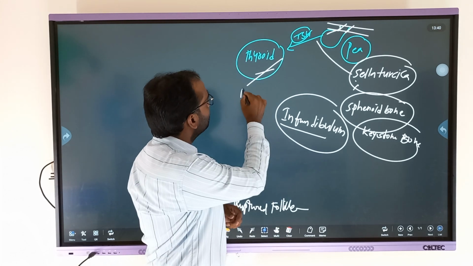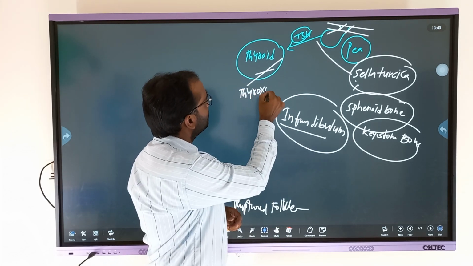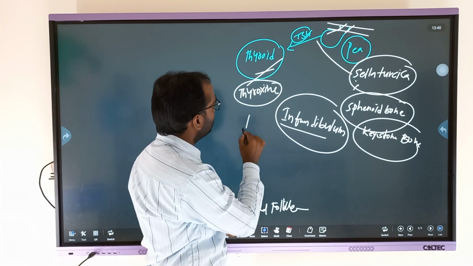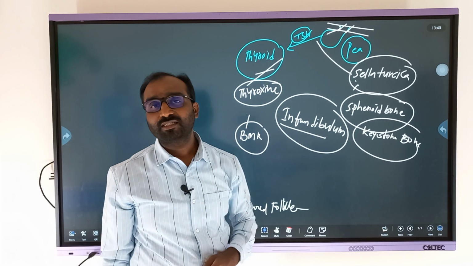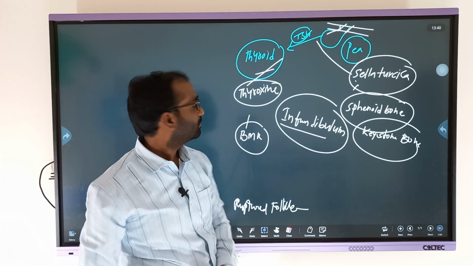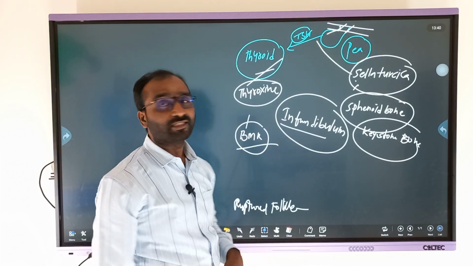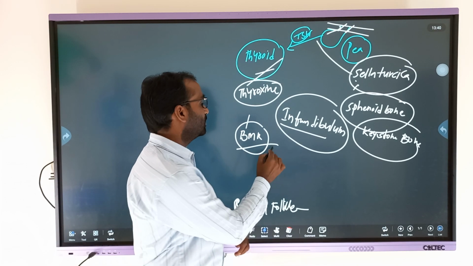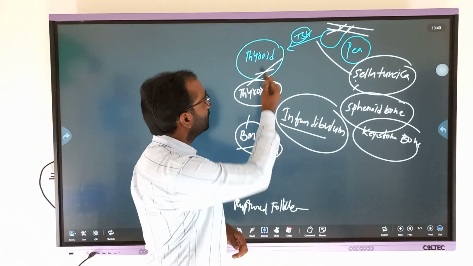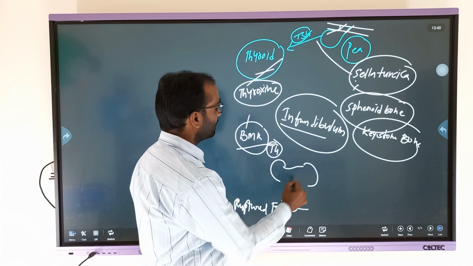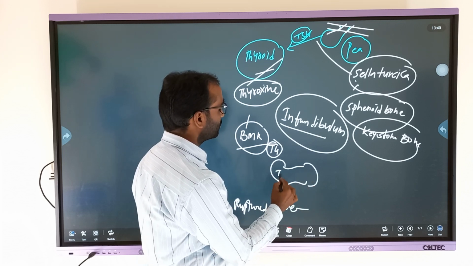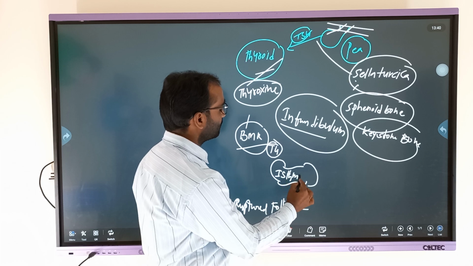So here this thyroid gland releases thyroxine. Thyroxine, as I told you, is responsible for the BMR, basal metabolic rate, which will be regulated. Am I clear? That is T4. This thyroid gland has two lobes, and these are connected by a small connective tissue called the isthmus.